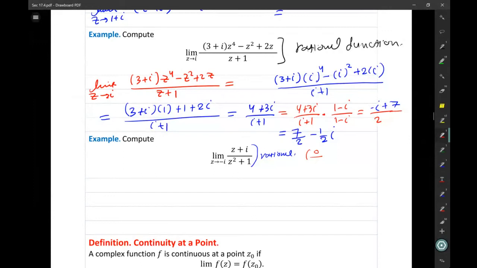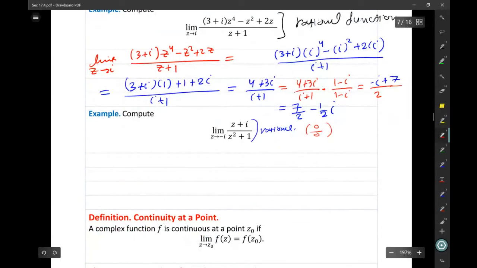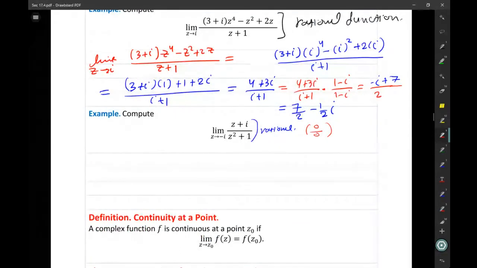Minus i squared is minus 1, minus 1 plus 1 is also 0. But still, I can find the limit. How can we find the limit? Using L'Hopital's rule? No, you cannot use it here. L'Hopital's rule is for real valued functions.